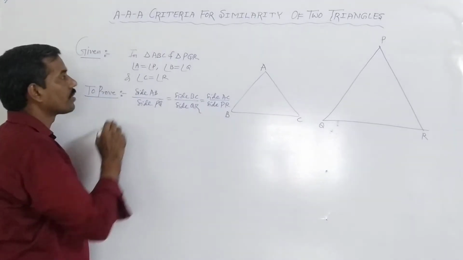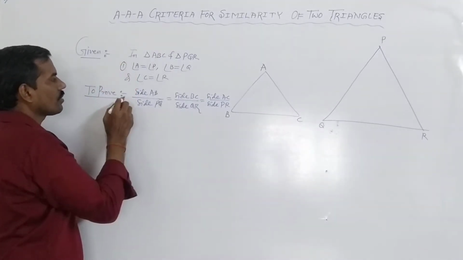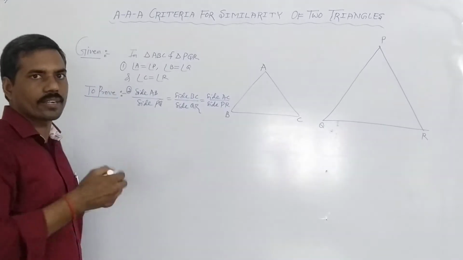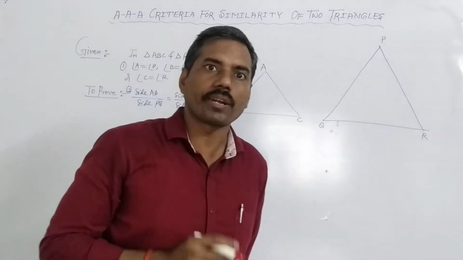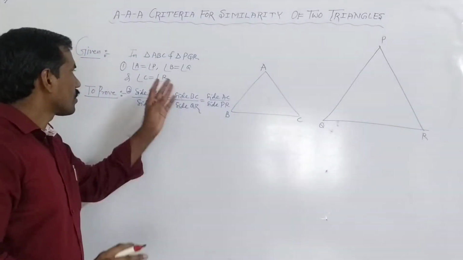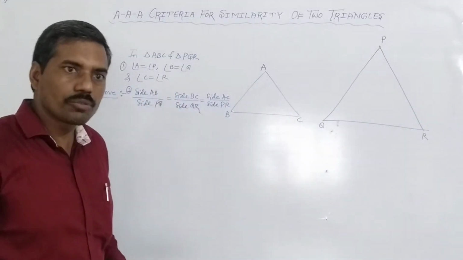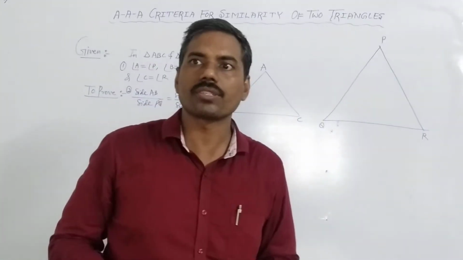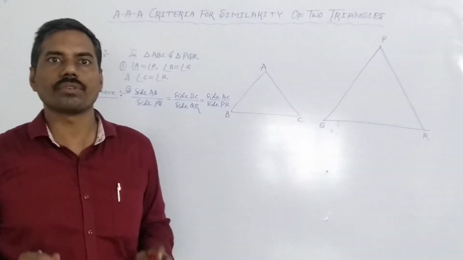And we know that this one is the first condition, and this one is the second condition for similarity of two triangles. The first condition is given, and we have to prove the second condition for similarity of two triangles.